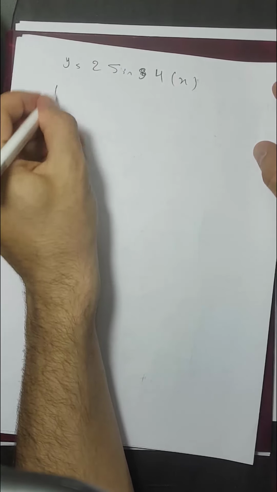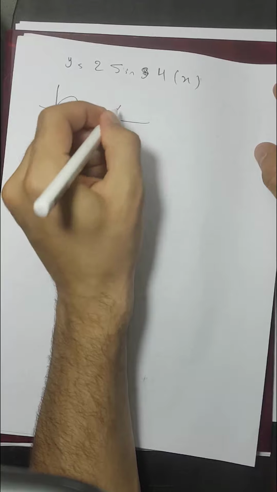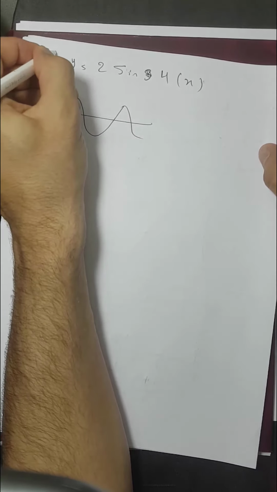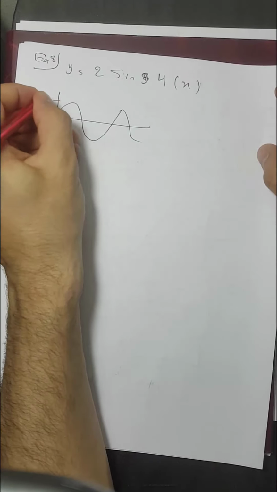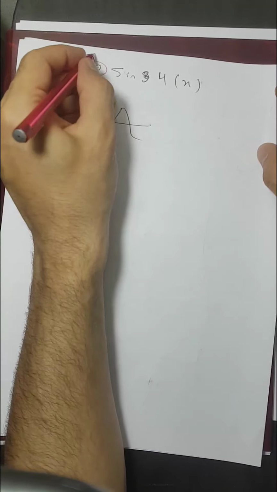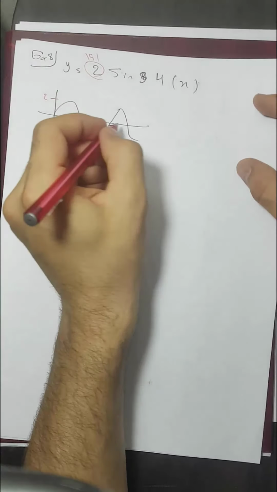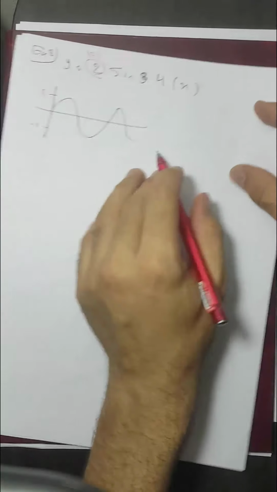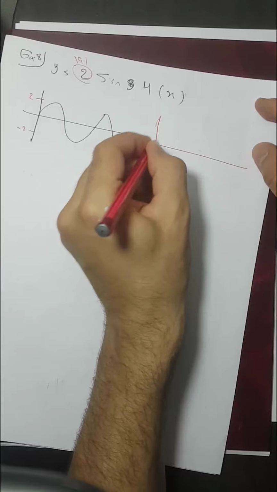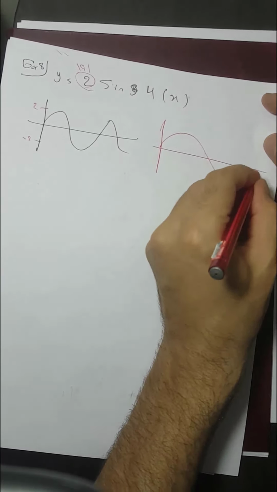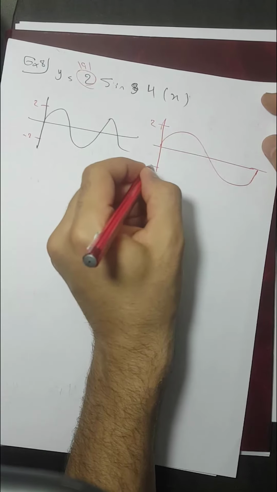Before, I said this is my original function. Now in example 8 I mixed two things for you. So here is 2 and minus 2. Why? Because it's the amplitude, so it's a. Okay, now how about the period?